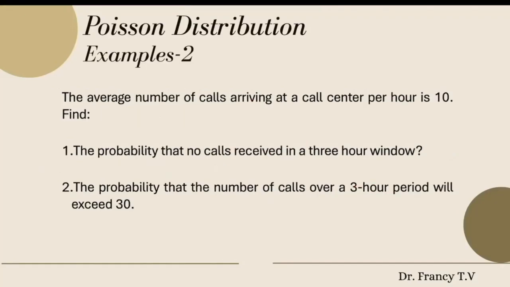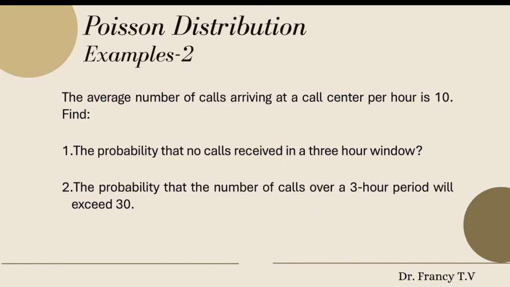Finally, we will discuss one more example. The average number of calls arriving at a call center is 10 per hour. You are asked to find out probability that no calls received in a 3-hour window. The probability that number of calls over a 3-hour period will exceed 30. So we are discussing number of calls arriving. This can be considered as number of occurrence of an event.